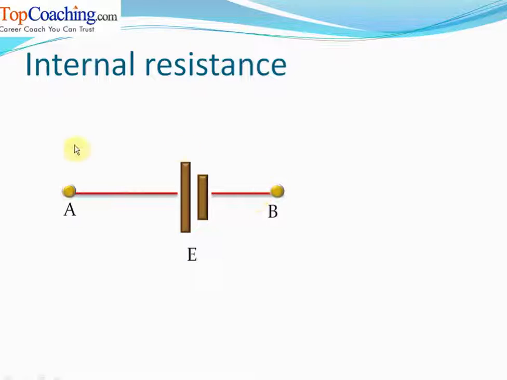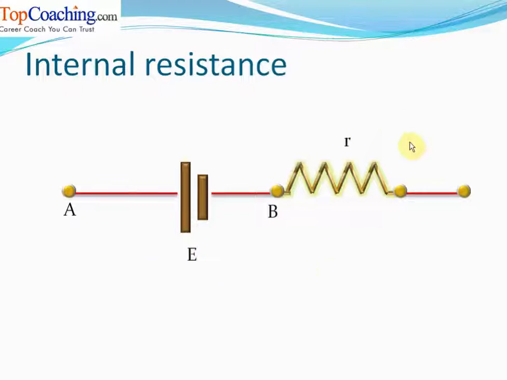What this means is that instead of replacing a battery by this symbol always, we should actually practically replace a battery with this symbol. So a battery consists of an EMF, electromotive force E, and an internal resistance small r.